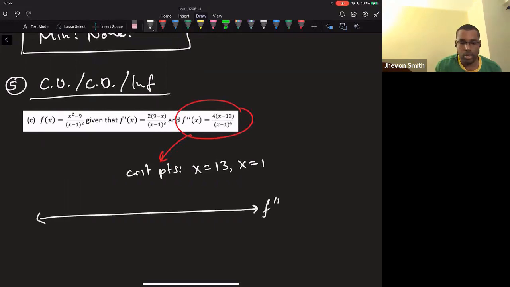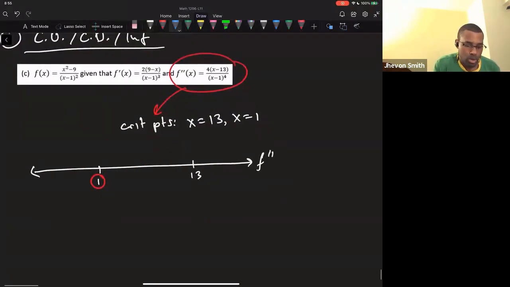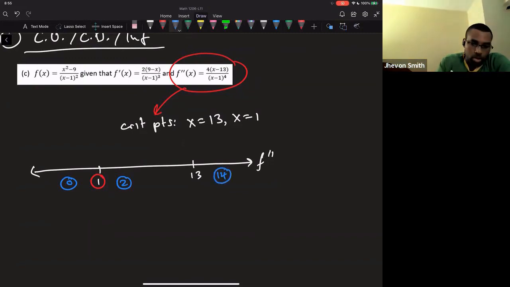Going to plug into the second derivative. So remember, I can't touch 1 because it's not in the domain. But I'm going to try 0, try 2, try 14. So plugging into the second derivative, if I plug in 0, I would have a negative on top.